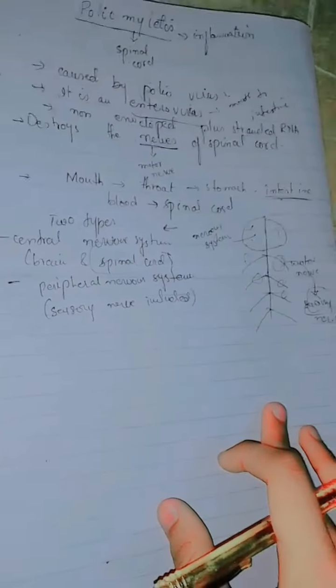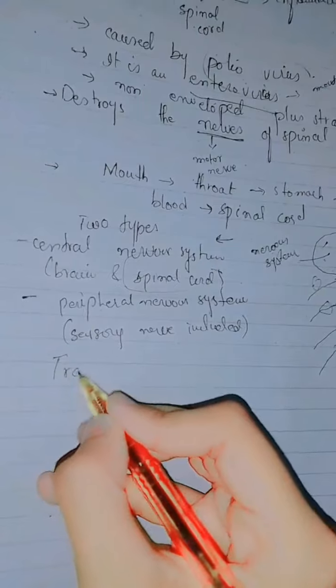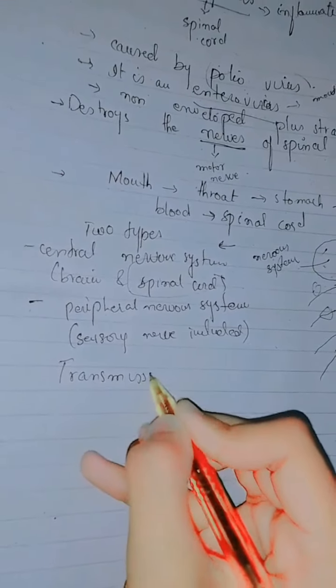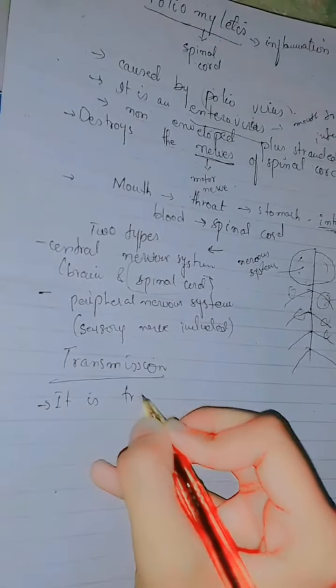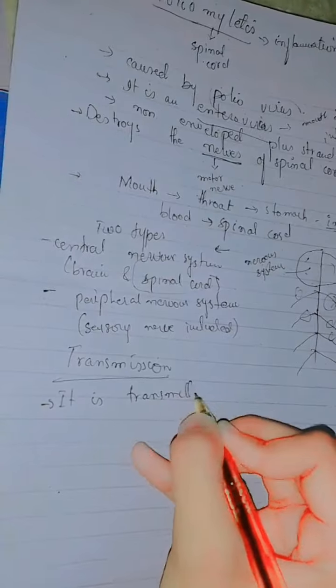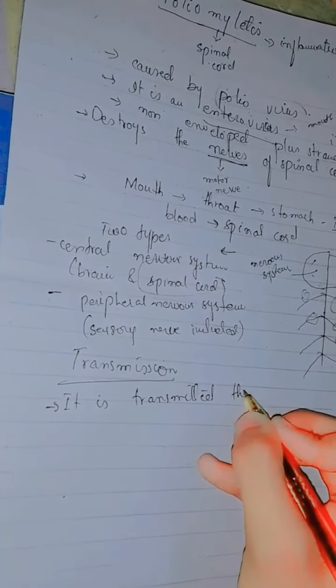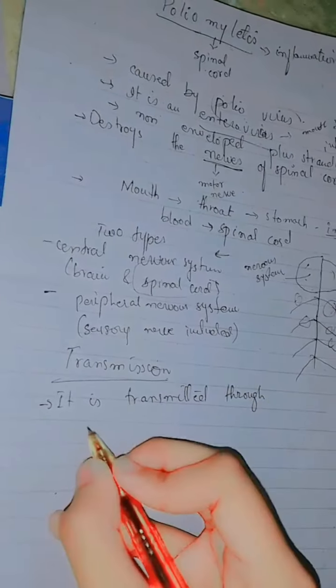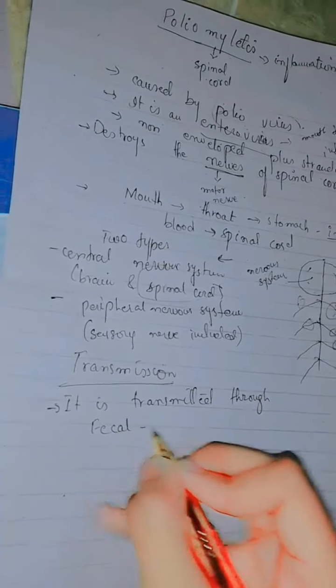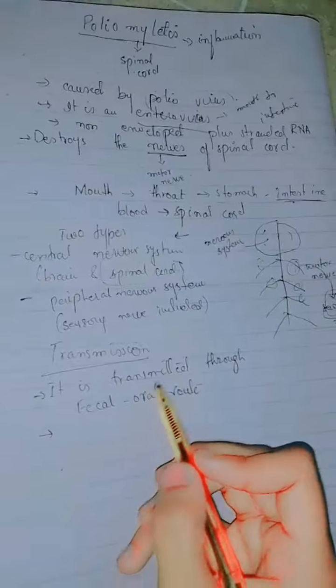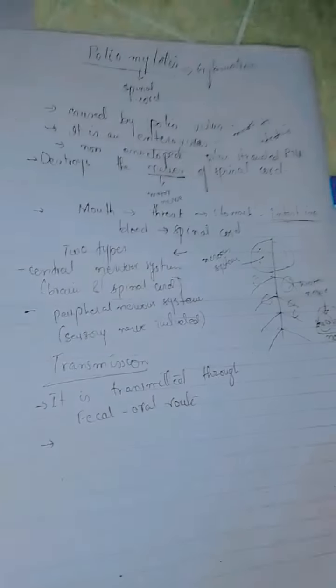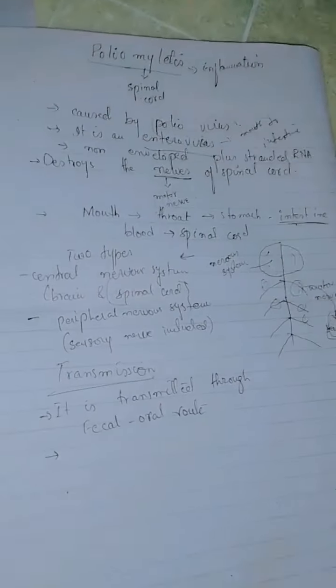Now if we talk about transmission, how it is transmitted: it is transmitted through the fecal oral route, which means person to person, like oral contact.